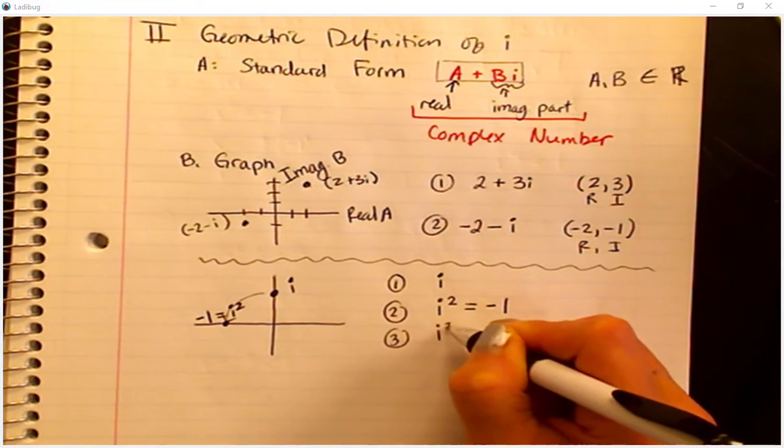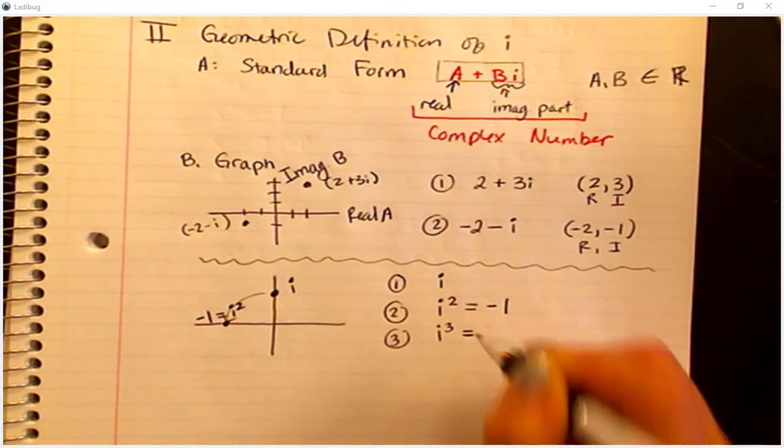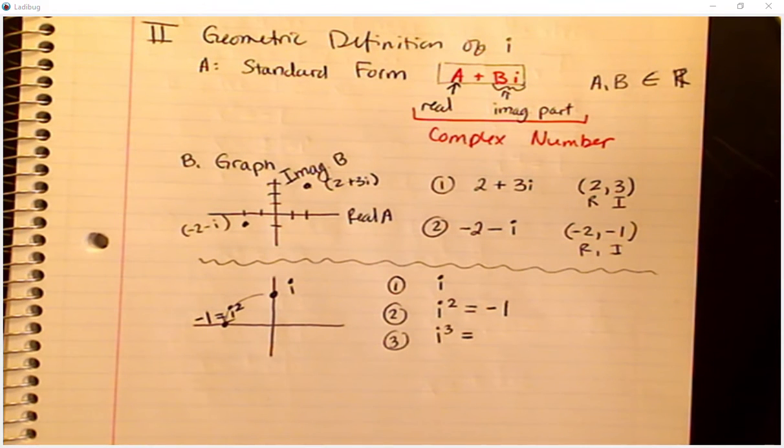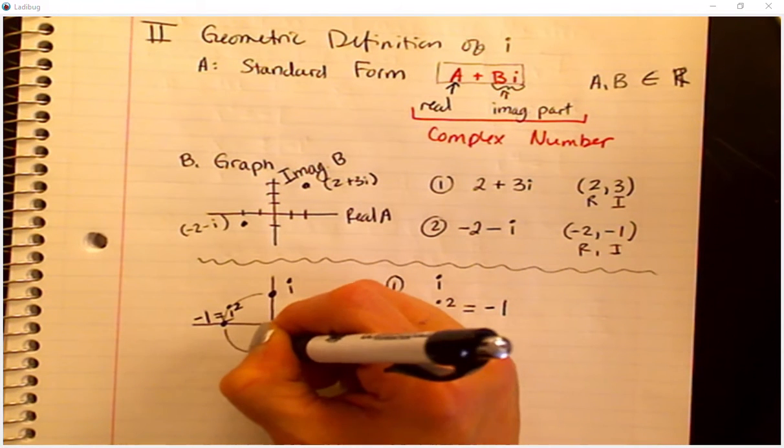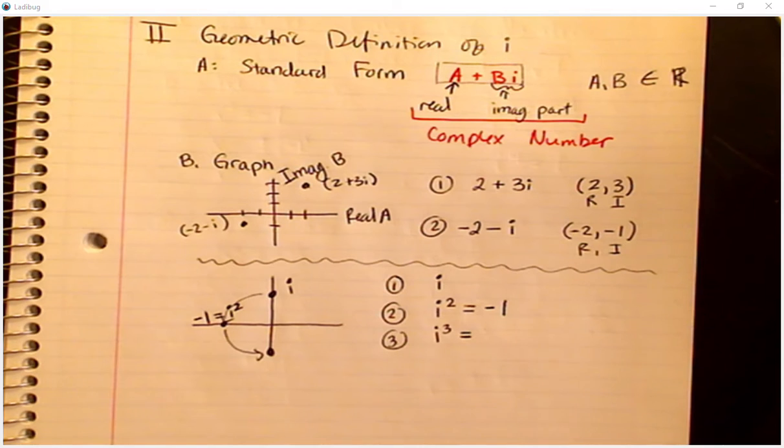What about, where does i cubed show up on the graph? i is a 90-degree rotation. This is one of those concepts that would show up in what used to be math league problems or the AMC 8, 10, or 12 questions where they do more conceptual type problems.